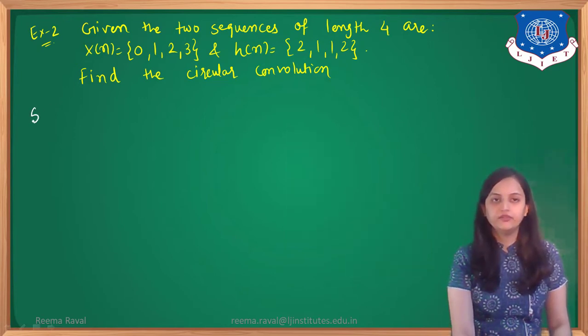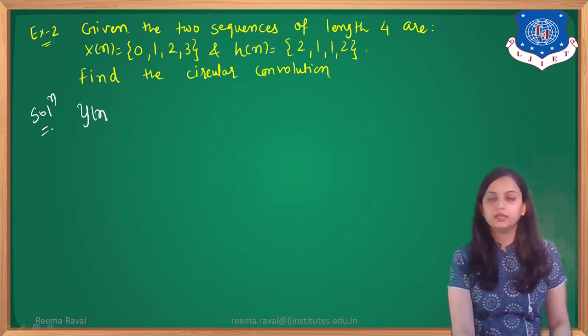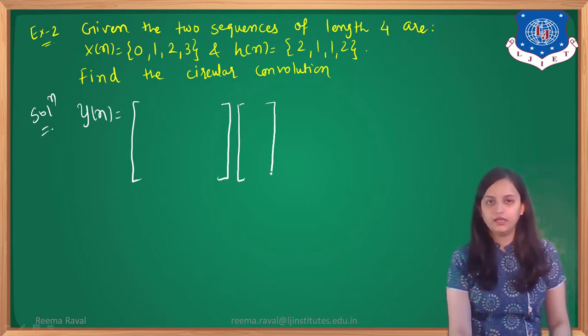Same way we will find the circular convolution for y of n, that means the output, where h of n is to be circulated and multiplied with x of n. So here h of n is 2, 1, 1, 2. So we will place the first column values 2, 1, 1, 2.